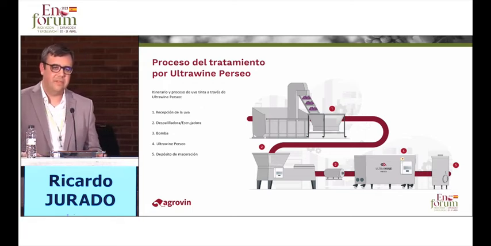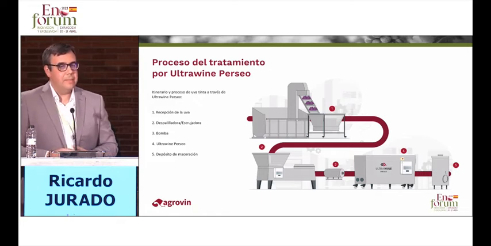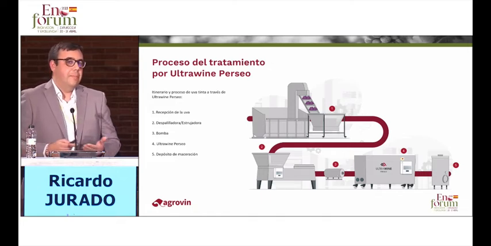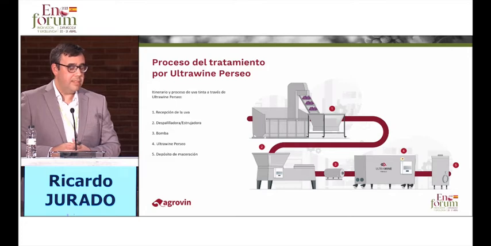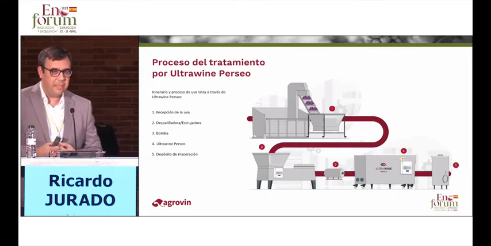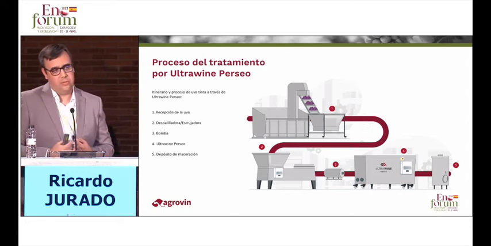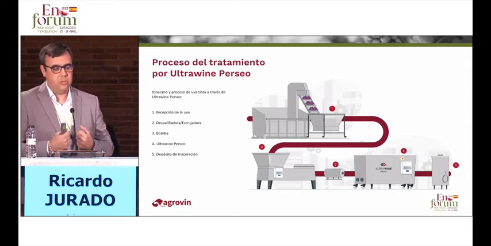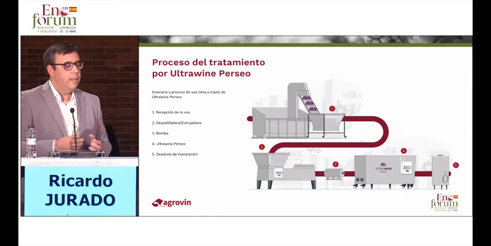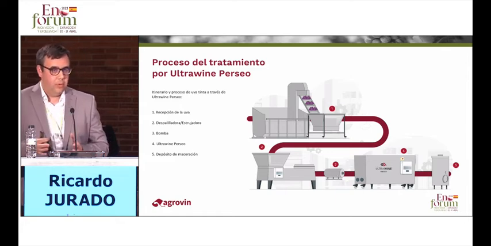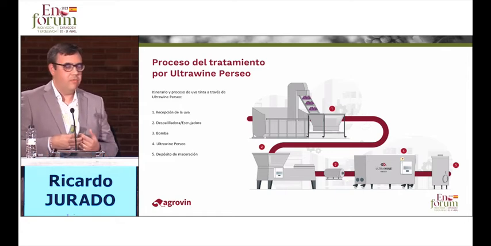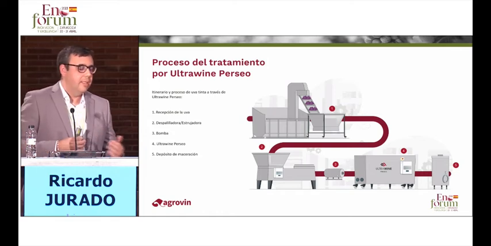In the case of red wine, this system is practically the same. We receive the grapes, we crush them, we destem them, we take them to the pump, we take them to the Ultra-Wine Perseus equipment, and then we macerate. This is the main difference. There is a maceration phase. How long?